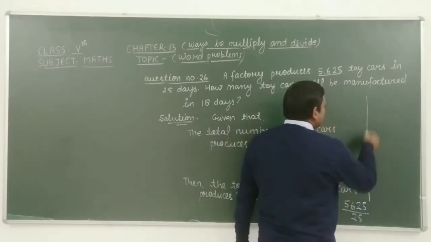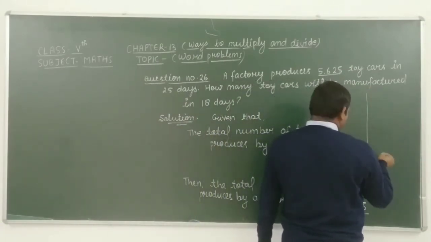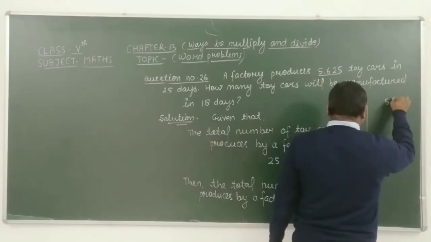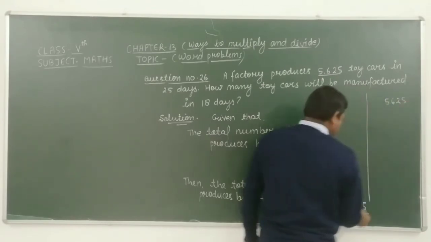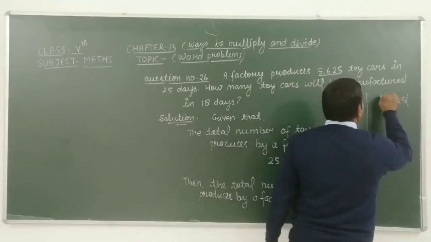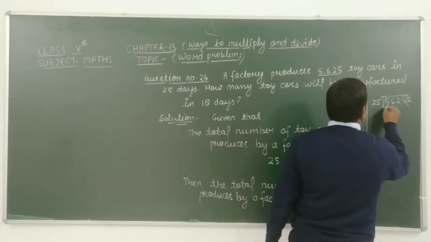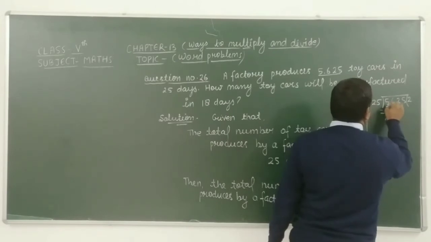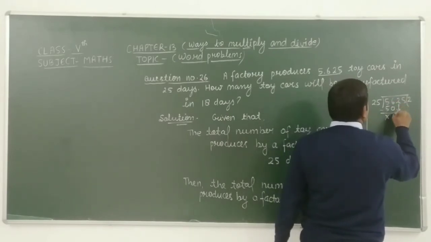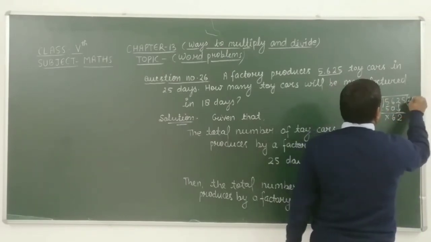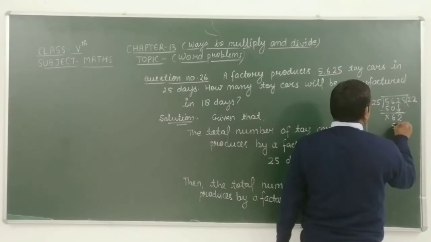Now here we have to take the division of 5625 by 25. 25 twos are 50. After subtracting these we get 6 minus 0 is 6 and here 0, it means it cancels out, and here we have to take down 2. 25 twos are 50.